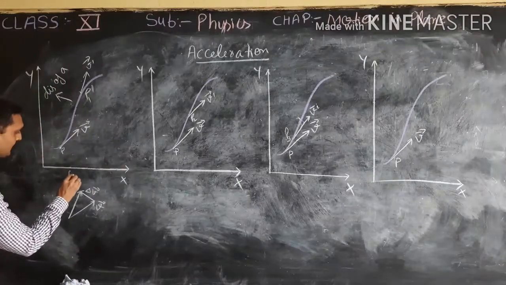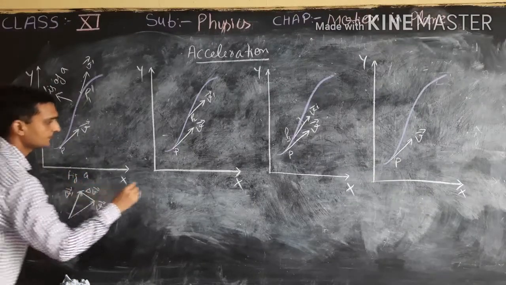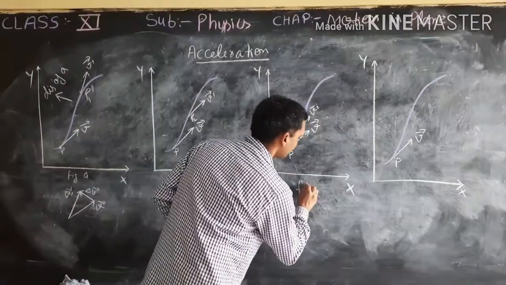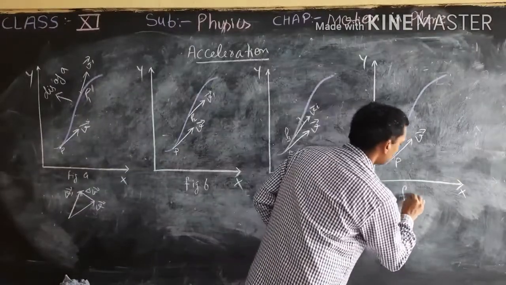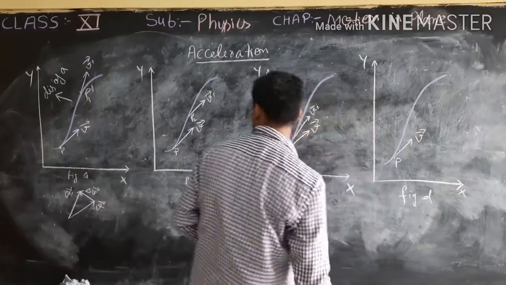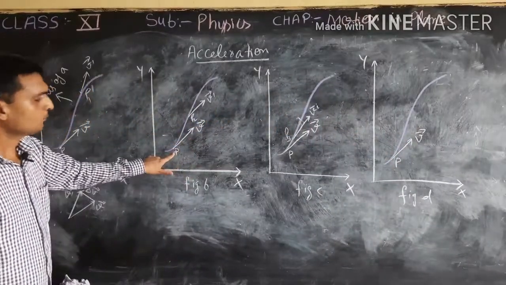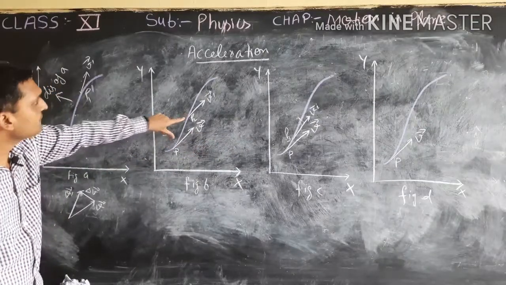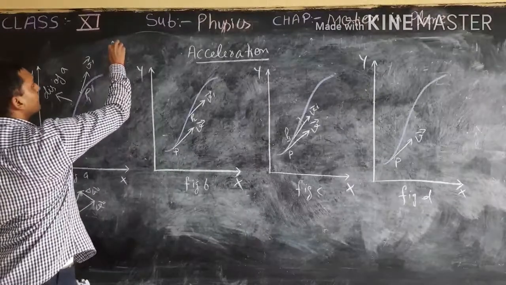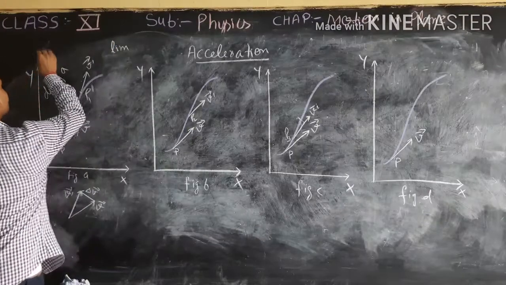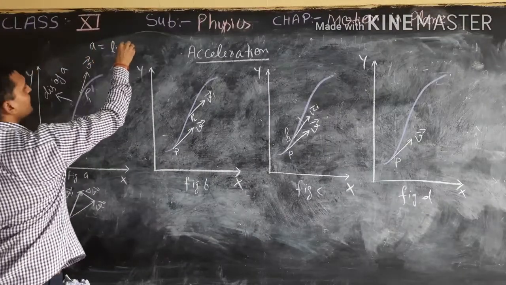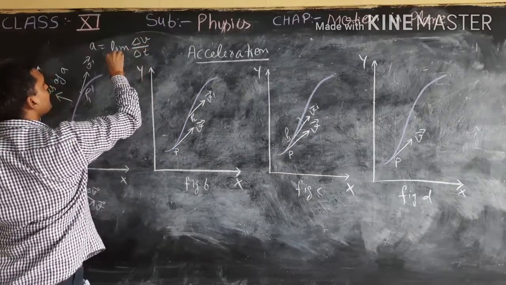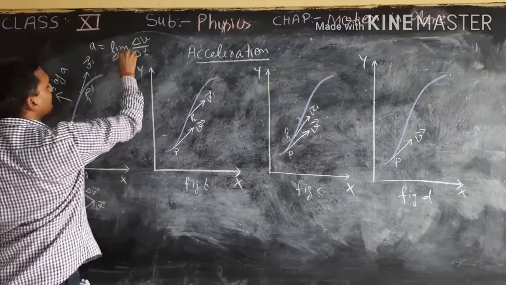This is figure A, this is figure B, this is figure C, and this is figure D. Here point P is same in all the figures, but our delta t differs. Instantaneous acceleration is given by a is equal to limit delta v by delta t, as delta t tends to 0.